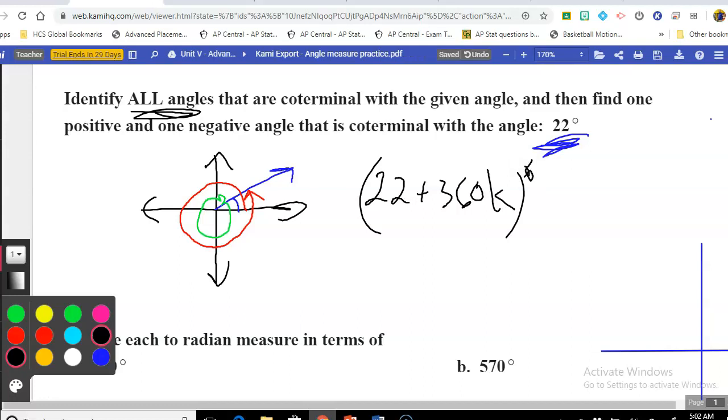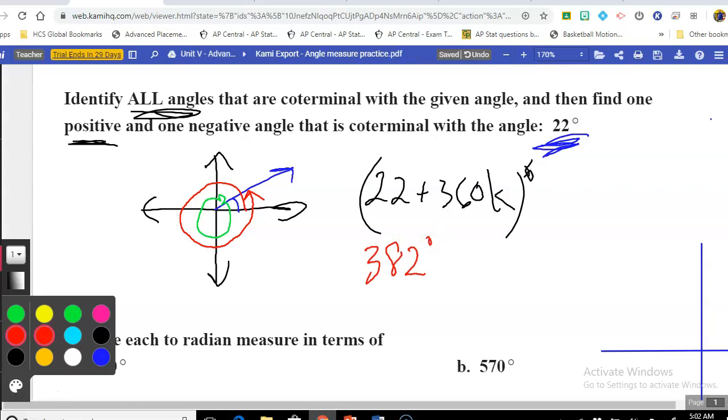That gives us our coterminal angles for all of them. To name one positive angle, we take this red path: traveling around 22 degrees and then another 360 from there. So that would be 360 plus 22, which is 382 degrees.